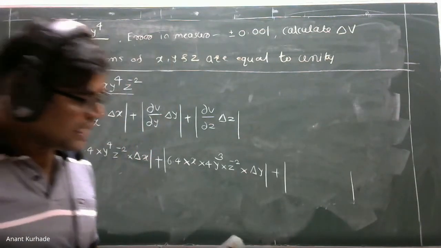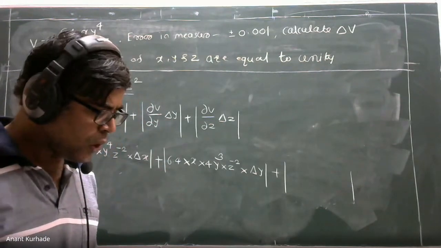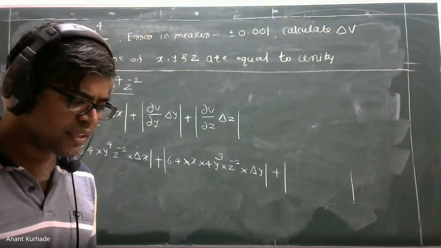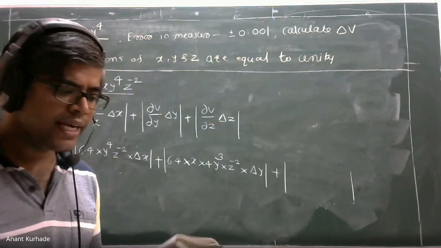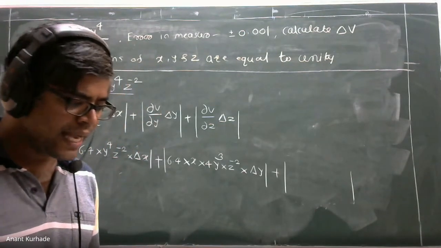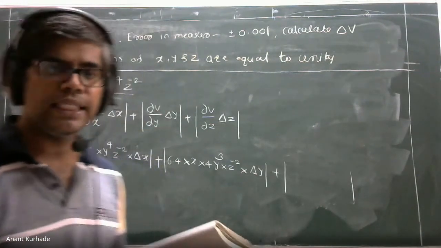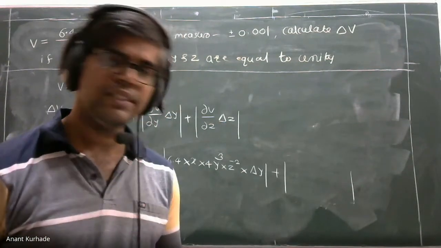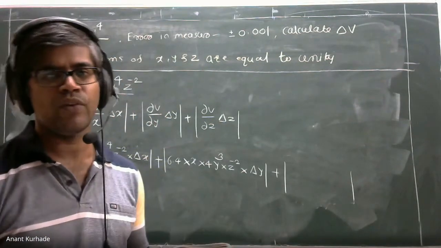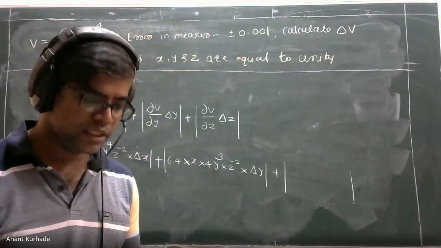I will read the problem. You write the given data. The volume of a cone having base circle radius r and height h is calculated as V is equal to pi by 3 r square h. What is given? Volume of a cone, and the formula is also given. V is equal to pi by 3 r square h.